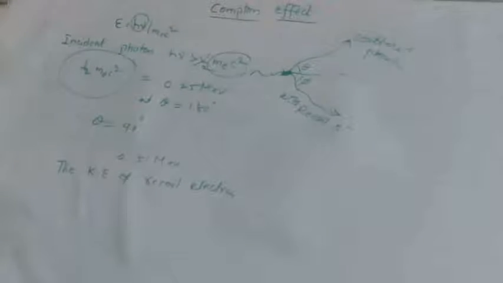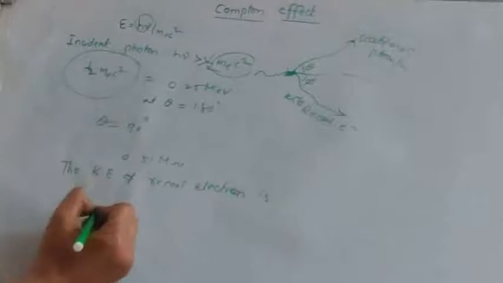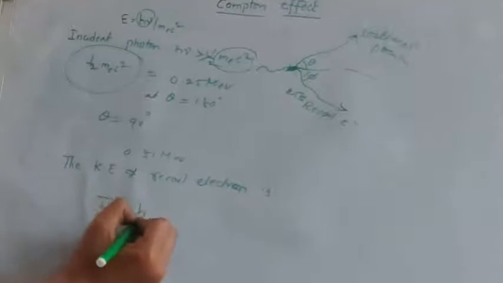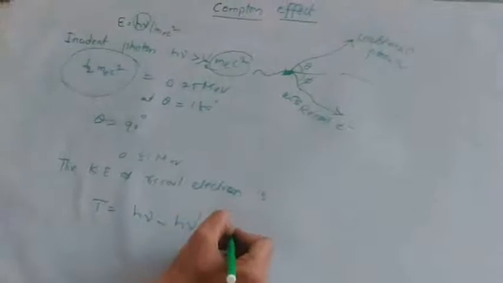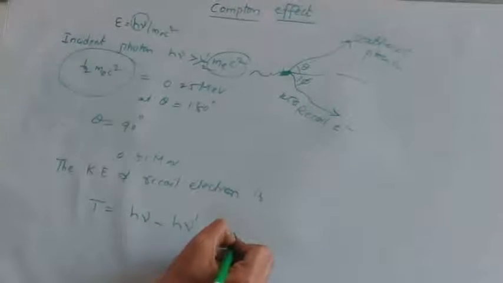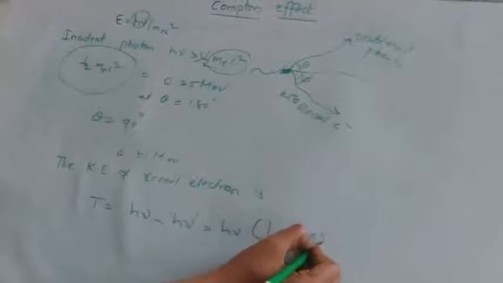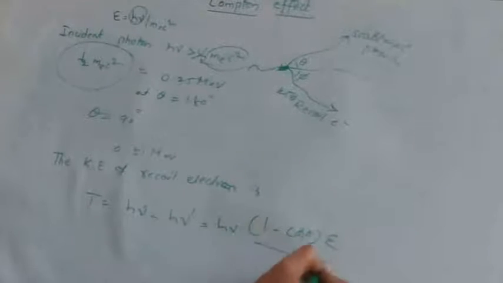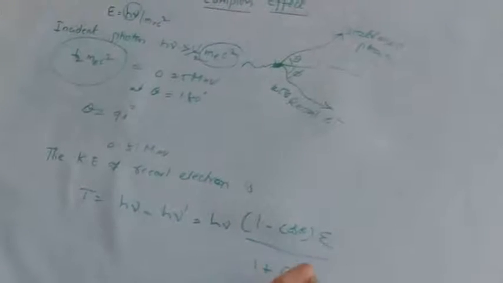Now the kinetic energy of the recoil electron is given by T is equal to h nu minus h nu dash, which will be equal to h nu into 1 minus cos theta into epsilon by 1 plus 1 minus cos theta epsilon.